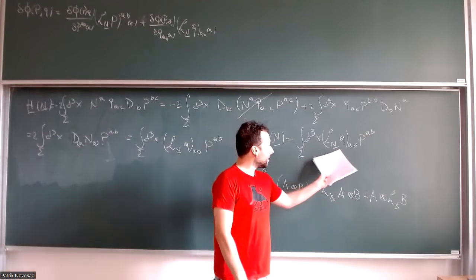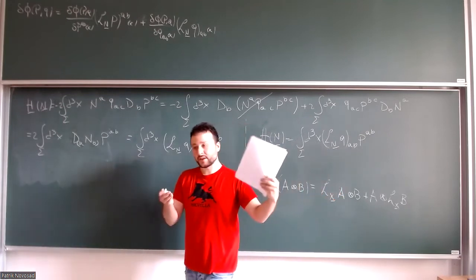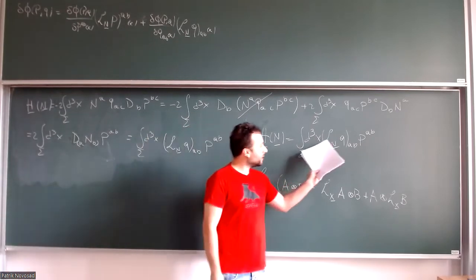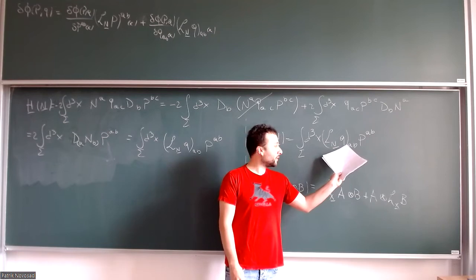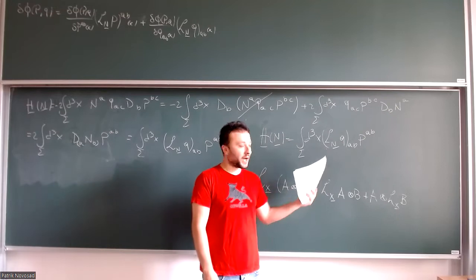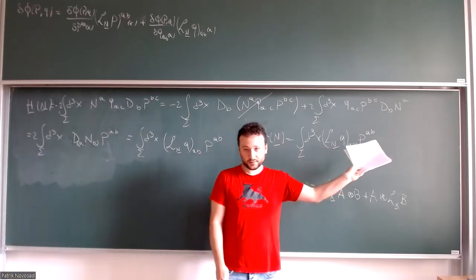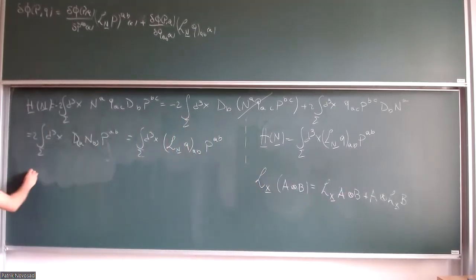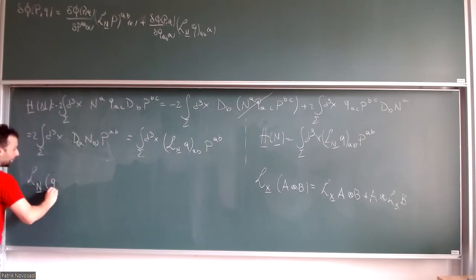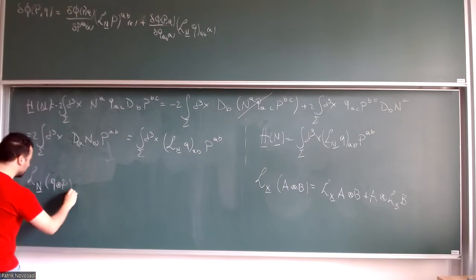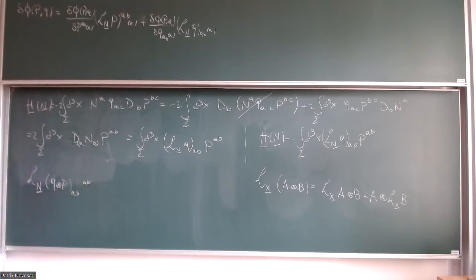So why do we want this? Because actually we want to perform again integration by parts, so that we will get the Lie derivative of the tensor product between P and Q, and then minus, of course, the Lie derivative on P. That's the way, in the sense that we want to write this Ln of PQ, written actually as a tensor product of components A B. Okay, so we have such tensor product, and then we have the two respective components, and that will be the contraction of two tensors.